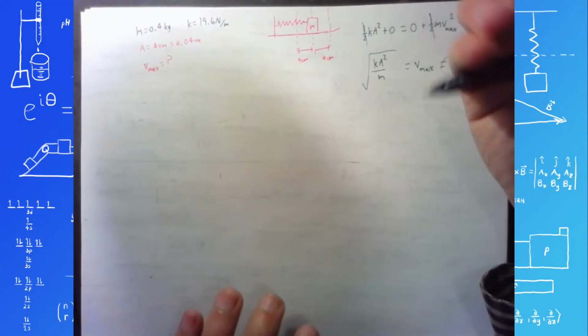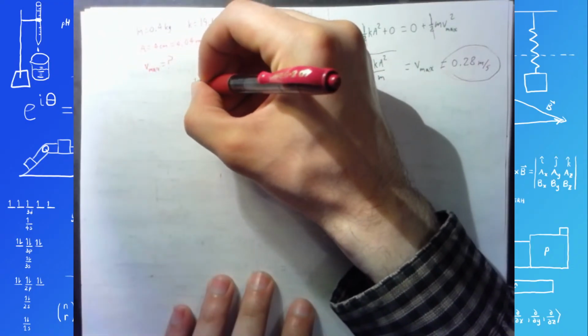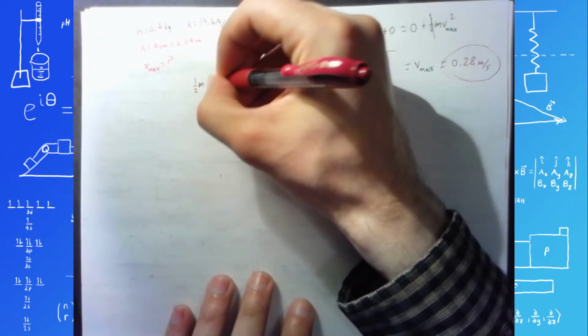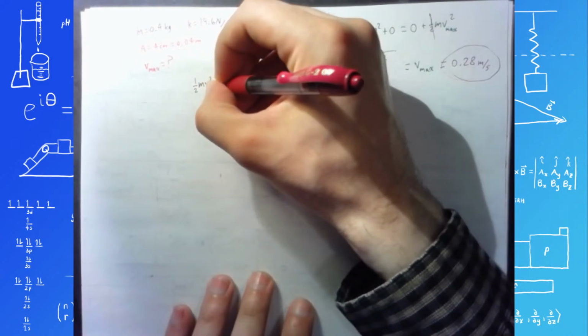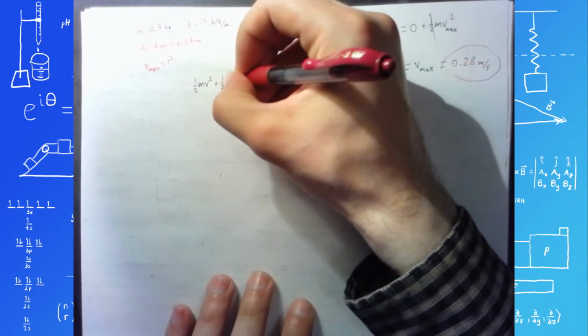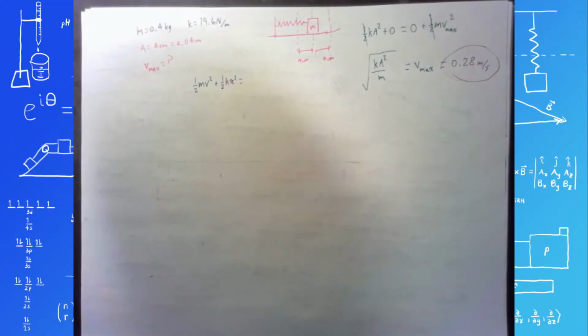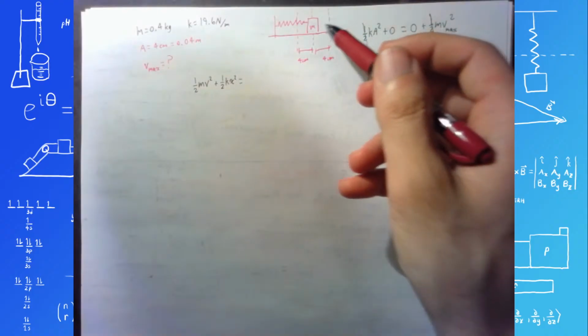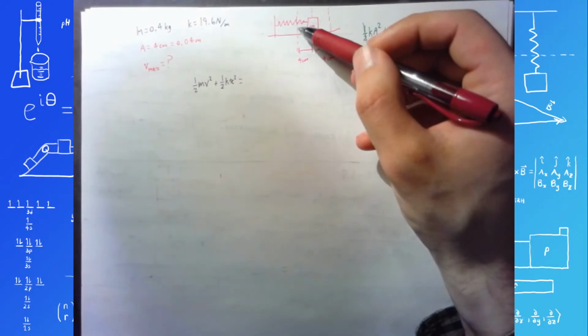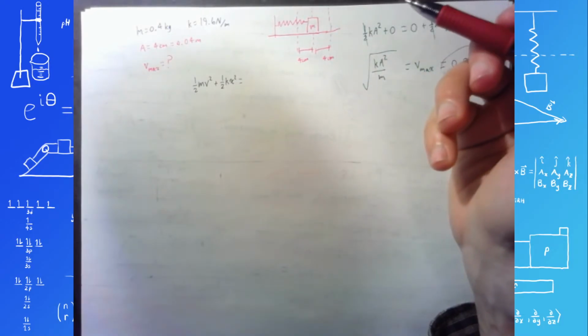I'm actually going to have to say total energy of the system is equal to 1/2 mv squared at that position plus 1/2 k times that position squared, which equals the total mechanical energy, which can be set to the mechanical energy at any other point between this left bound and this right bound.